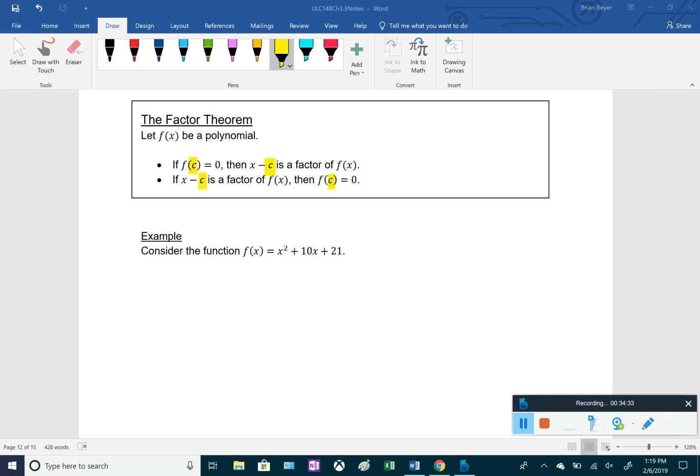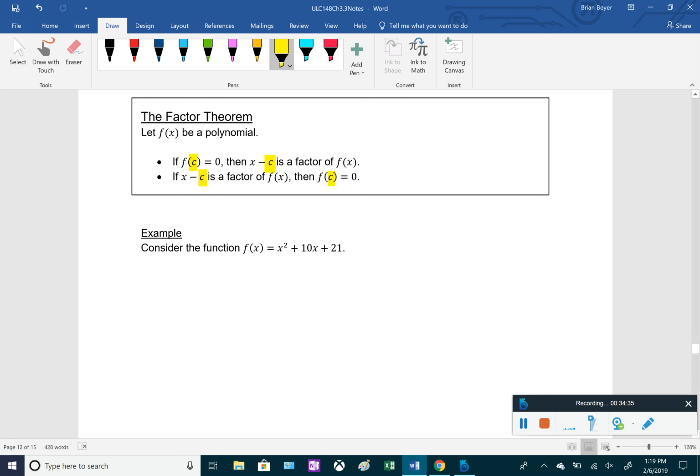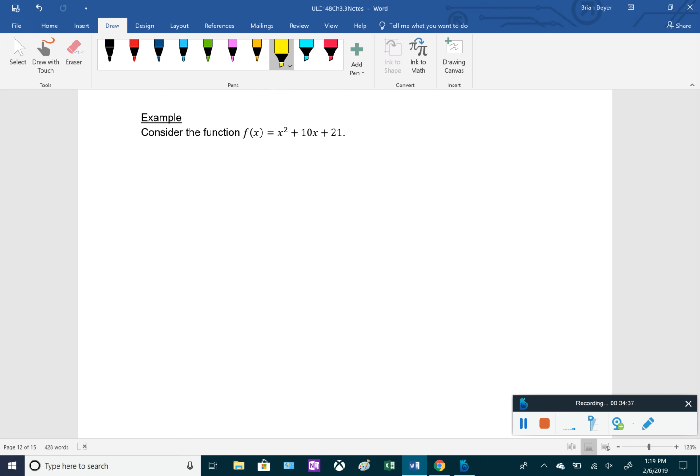So we could set it equal to 0, factor it, and set them both equal to 0. I'm just going to work with the -3 root. So I'm going to say f of -3 is 0. Based on the factor theorem, this means that x plus 3 is a factor.